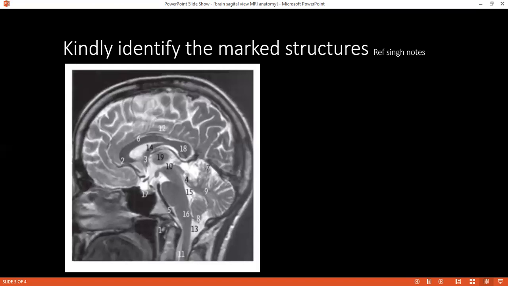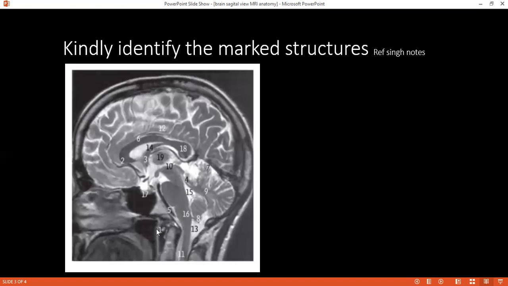Splenium of, okay. 10 is a pons, cerebral peduncle of midbrain. Okay. 5. Basilar. Very good. Which arises from? Vertebral artery, ma'am, by combination of 2 vertebral arteries.